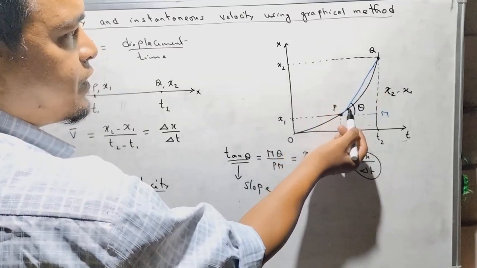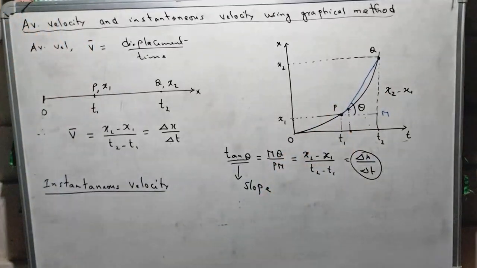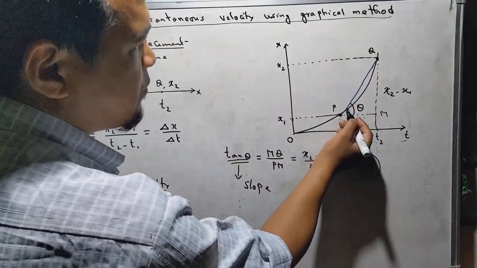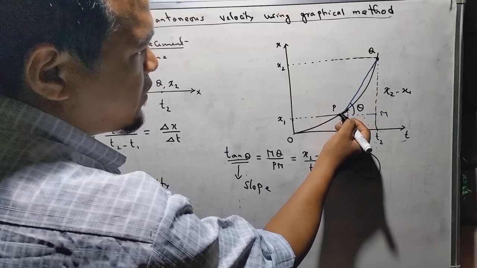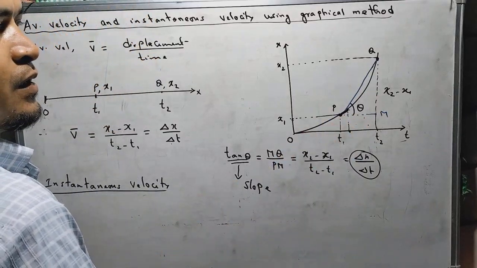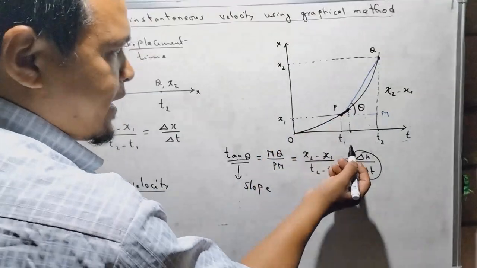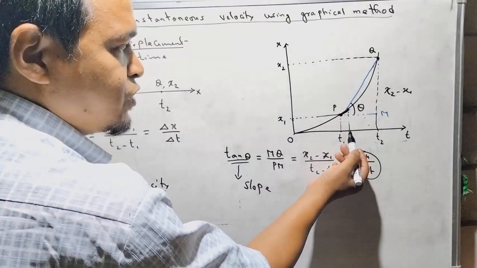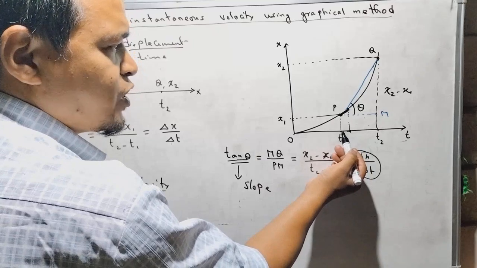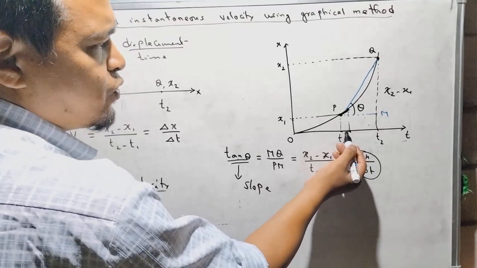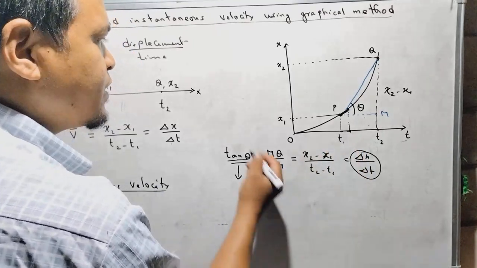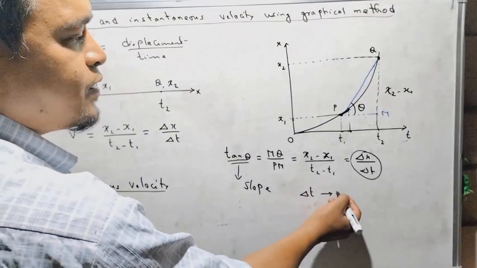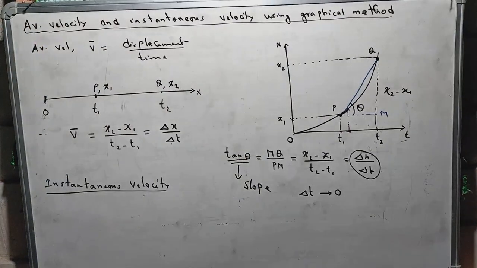It is shifting here, and the slope of the line PQ now will be like a straight line like this. Next, if you further reduce the time interval by shifting t2 very close to t1, then delta t will almost be equal to 0.